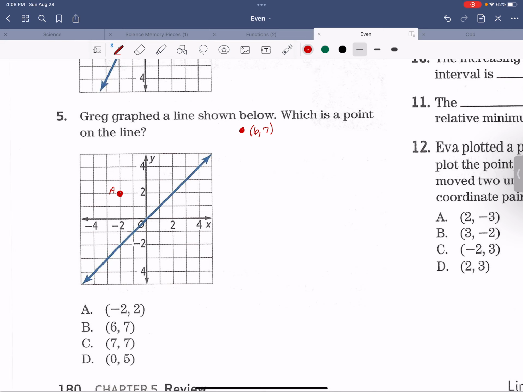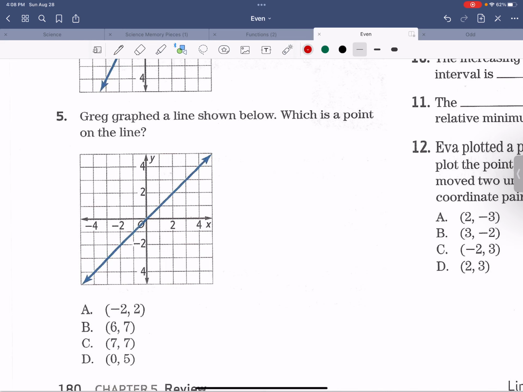So that would be about right here, right in the middle of that point. I tell you what, I'm not even going to do that. Let's do it the right way. Here's what they're trying to get me to do. This is why they're not giving me a graph that's sufficient, because they don't want me to solve it by looking at the graph. They're forcing me to find the slope.